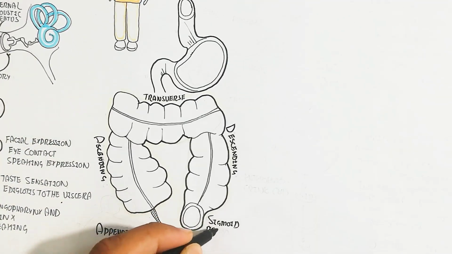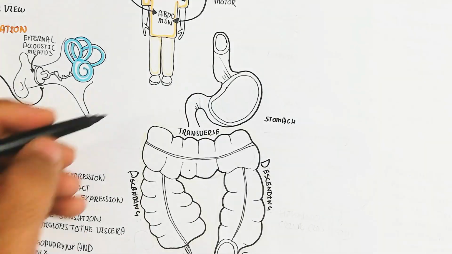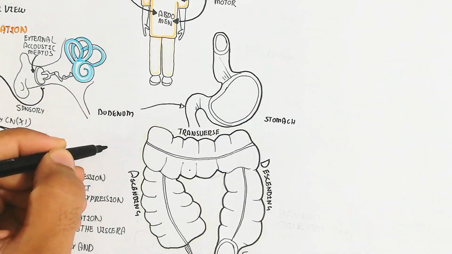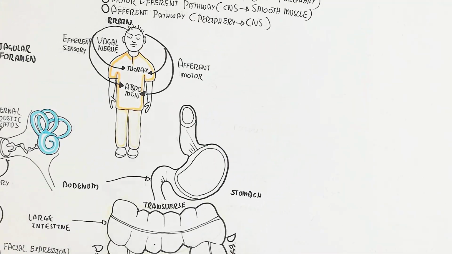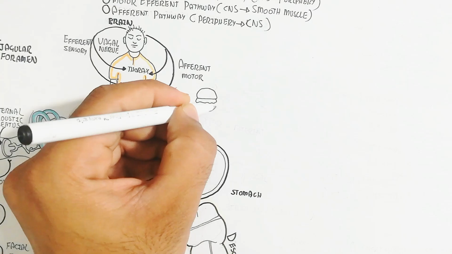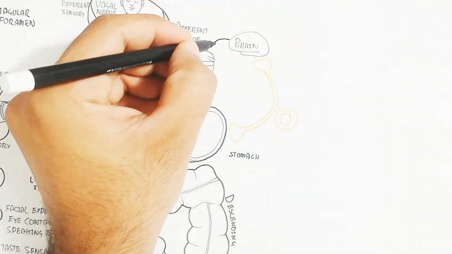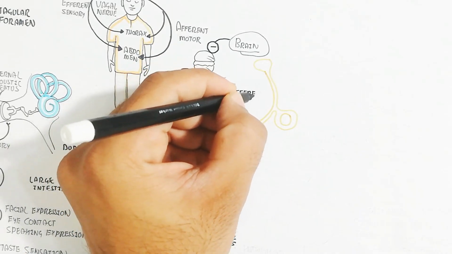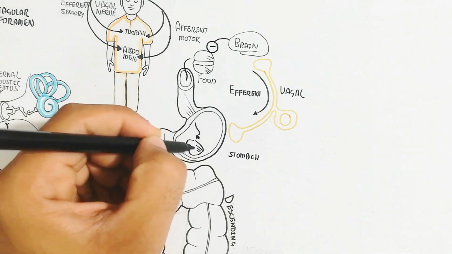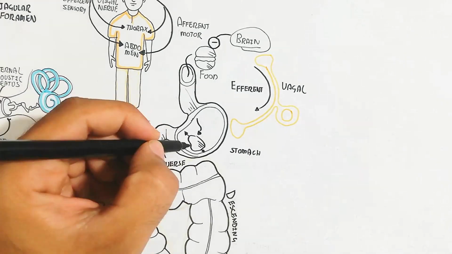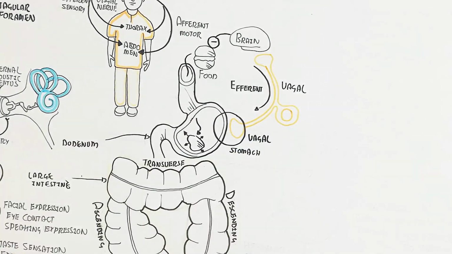The large intestine contains the ascending, transverse, descending, and sigmoid colon, and the rectum and anus. This is the stomach, and the small intestine is the duodenum, jejunum, and ileum. Whenever you eat, food enters the stomach, and during protein digestion, the stretching of the stomach wall transmits a signal that is sensed by the brain.